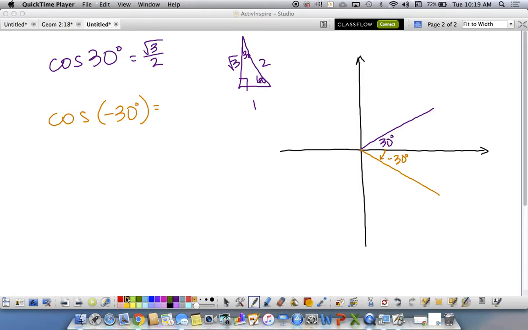Okay. What is cosine of negative 30 degrees? Oh, it's positive. In the fourth quadrant, cosine is positive, correct? Yeah, because all students take calculus. So whether we're going positive 30 or negative 30, cosine 30 is equal to cosine negative 30. Would you agree with this answer?